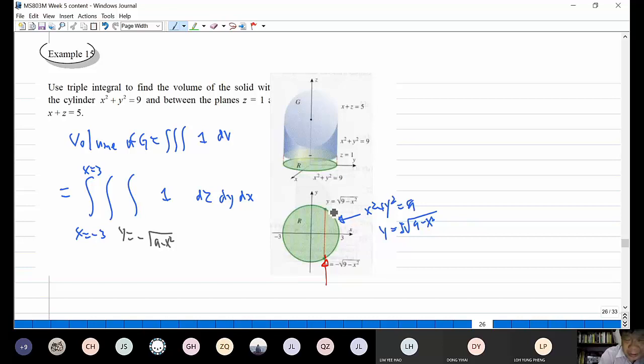The last point you get out is where y equals the square root of 9 minus x squared. So this is the second limit now.